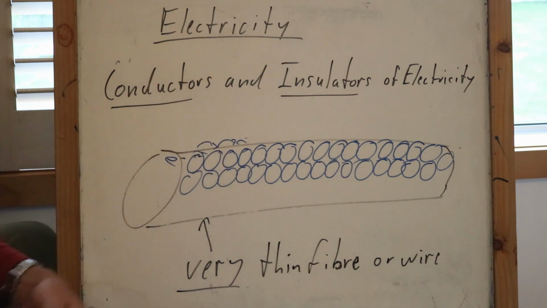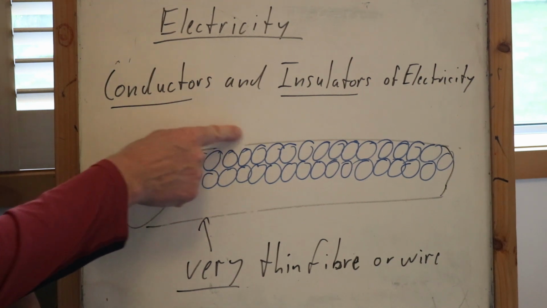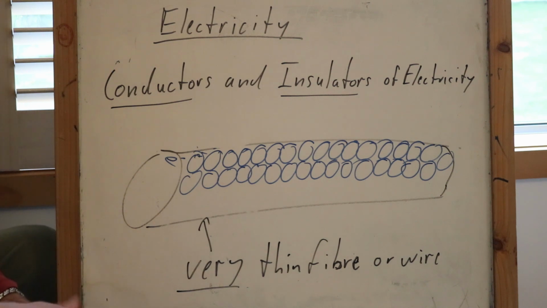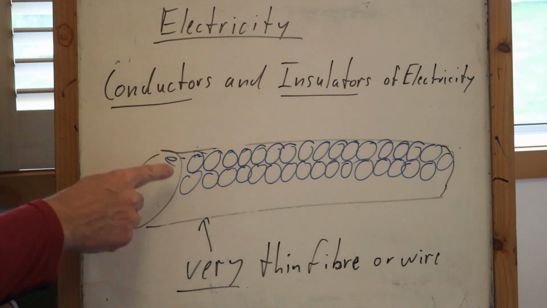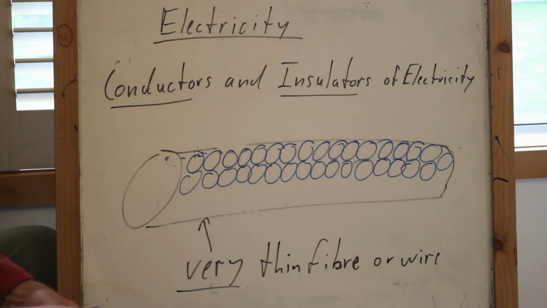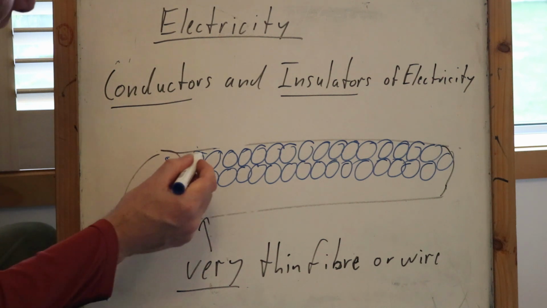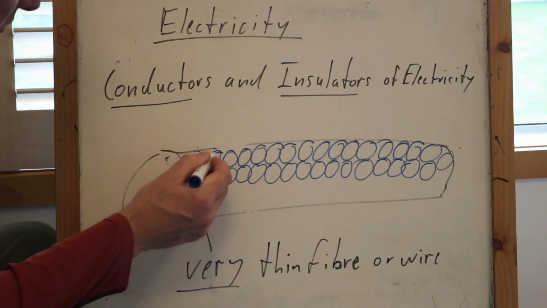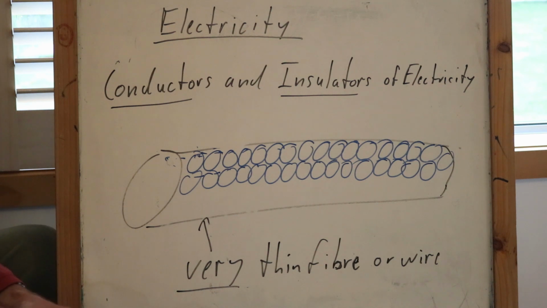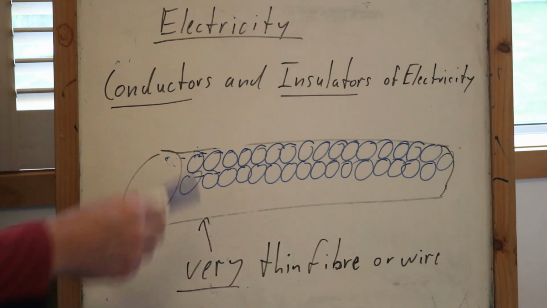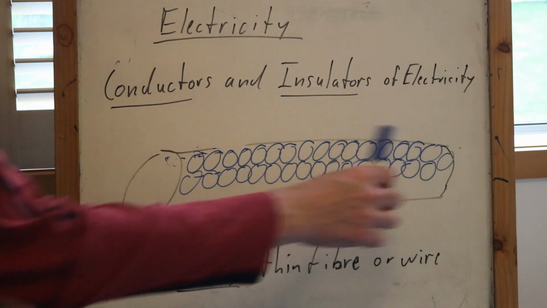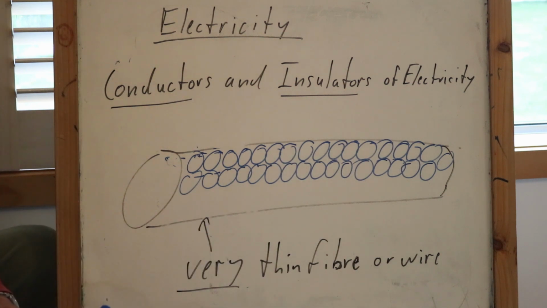An insulator is a material that won't let the electrons move on. So if I add some charges to this end of that fiber, then this end becomes negatively charged, but it will remain negatively charged, and these charges can't move on to the other side.